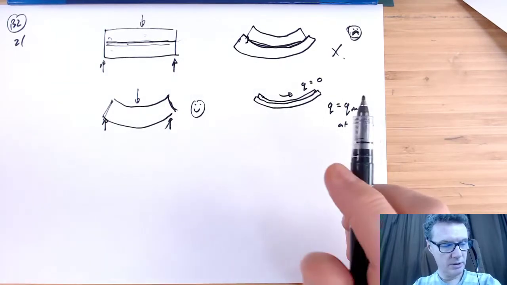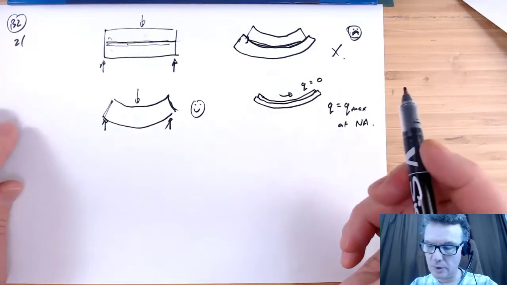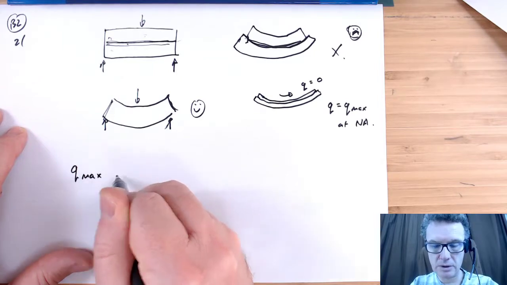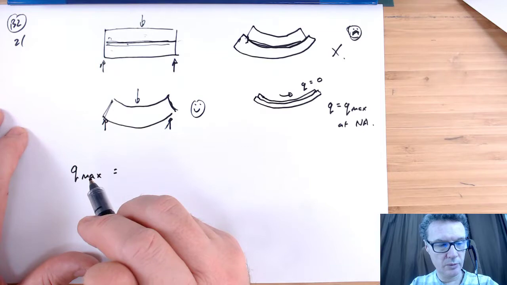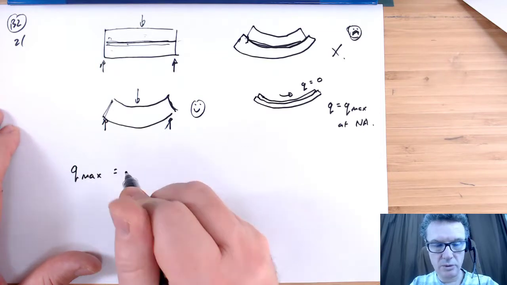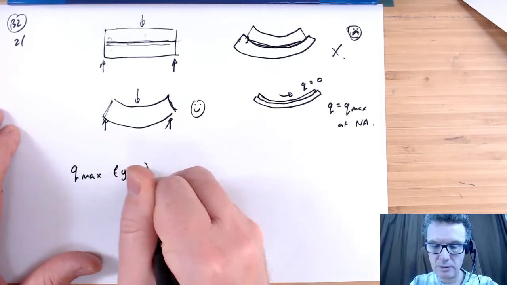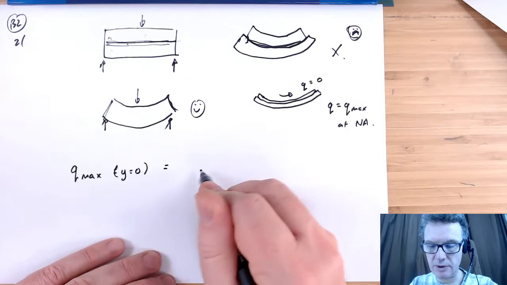So coming back to our simple square beam problem, if we wanted to find Q max, we would set y to be 0. So let's put those values in and see what you get.